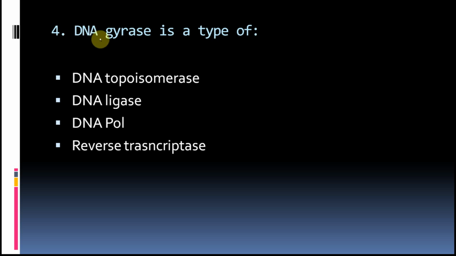Now question number 4 is, DNA gyrase is a type of. So DNA gyrase, if you know, is an enzyme which is basically a topoisomerase enzyme.